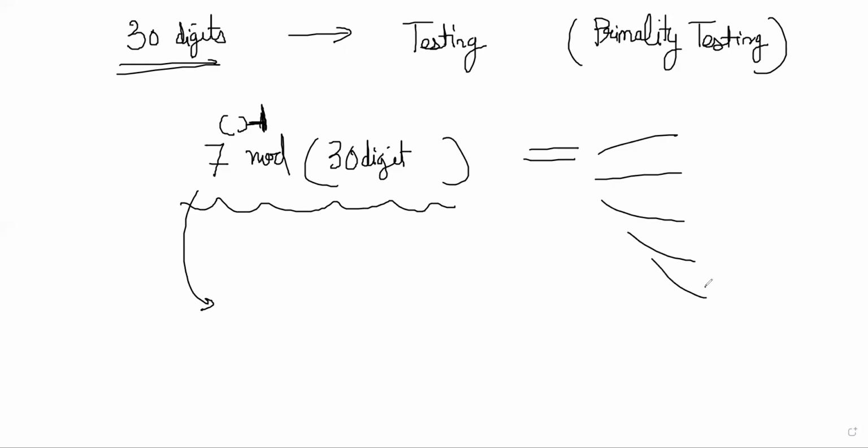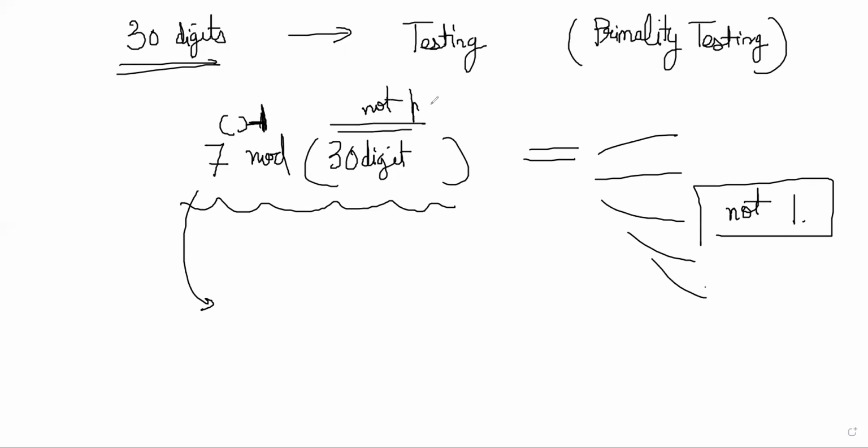If it gives you an answer that is not 1, then by Fermat's theorem, you know that this number is not prime.